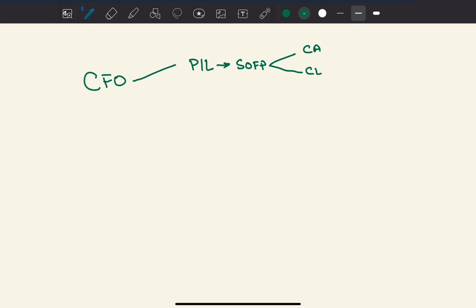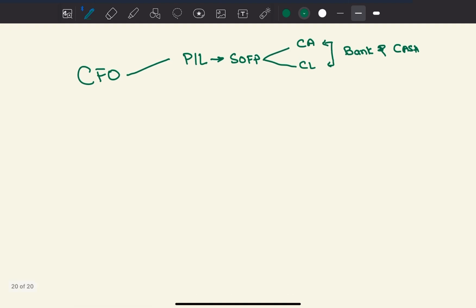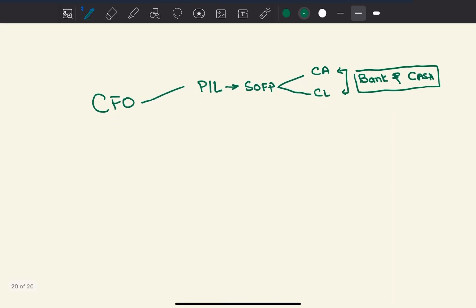One small adjustment: in current assets and current liabilities we leave out bank and cash. The reason is that when we started, we said we are trying to reconcile how much cash we had at the start of the year and how much cash we had at the end of the year, and these represent those balances.